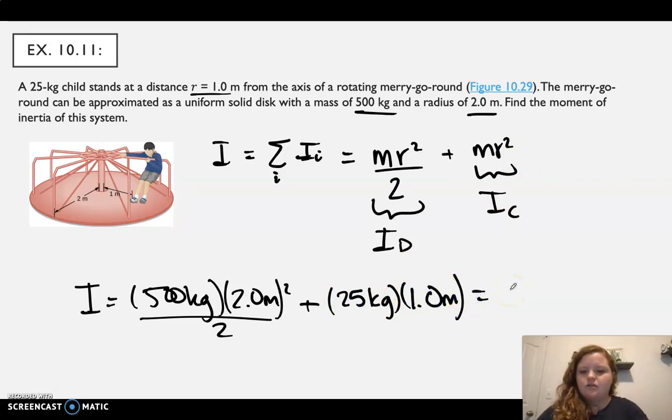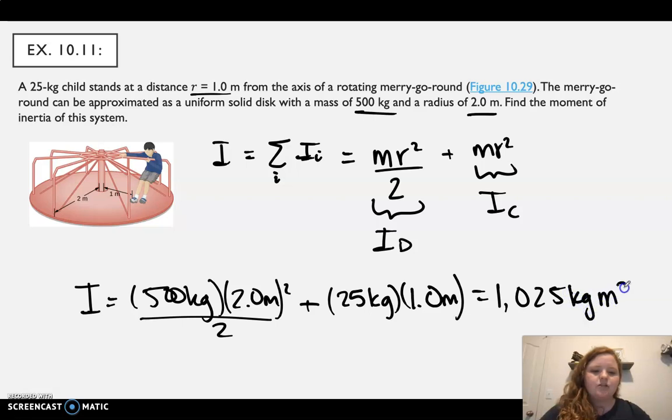So it'll be 500 times 2 squared over 2, and then add 25. Our moment of inertia is going to be 1025 kilogram meters squared. This could also be approximately 1.03 times 10 to the third kilogram meters squared, whichever way you want to write it.